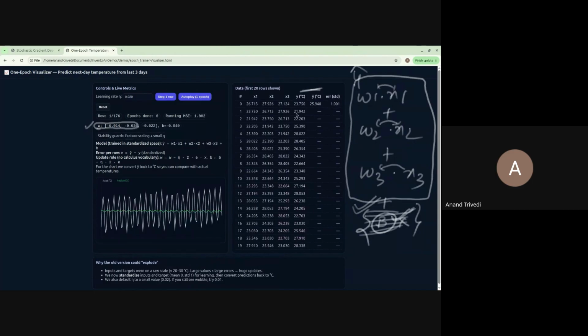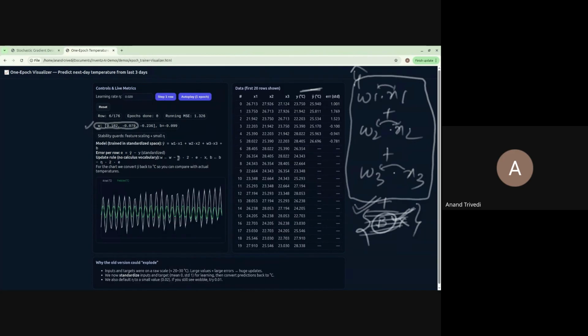One row is here, and the error is here. Again, second row, third row. You see the weights are getting updated. Error per row is y minus y hat, and the update rule is basically updating by multiplying again with the error itself.